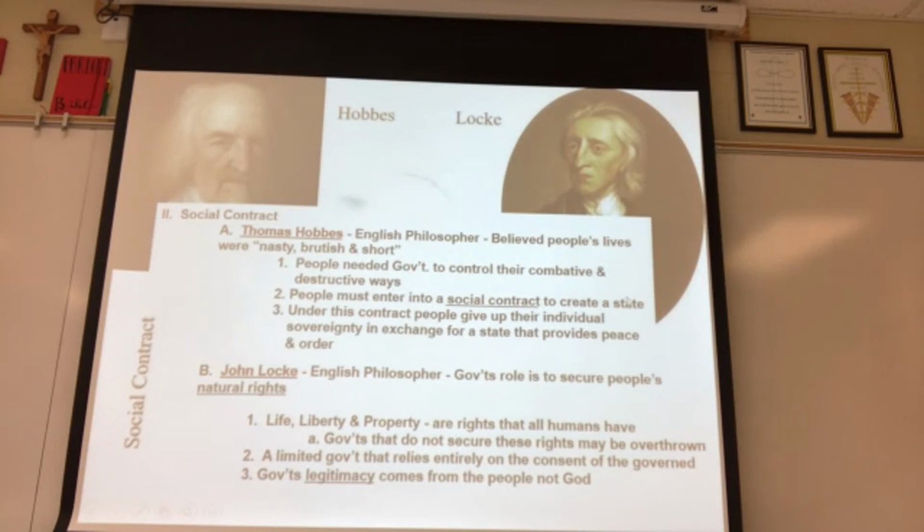Okay, so you had Hobbes, like we talked about Locke and Hobbes, okay, where Hobbes thought people were evil, subjective, selfish, okay. Locke felt that people were inherently good, so that we could trust that they would be able to govern themselves.